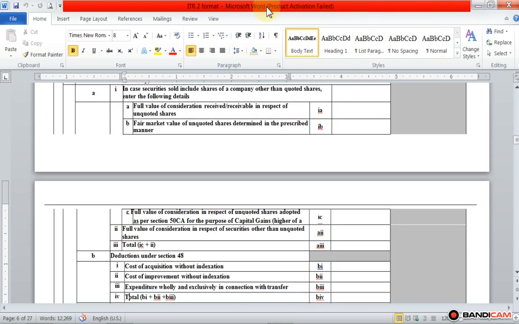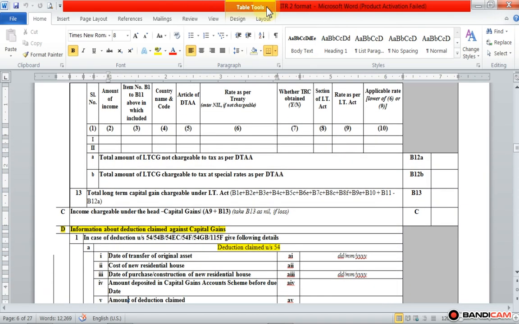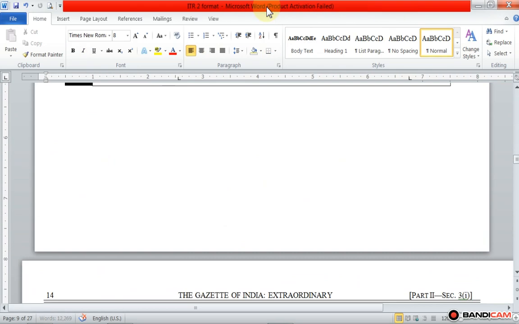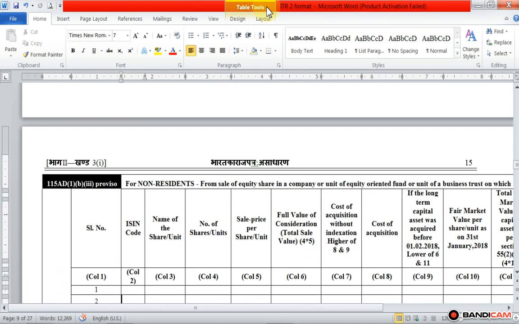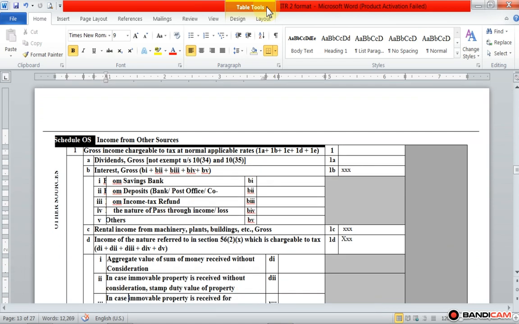Then we discussed Schedule OS. Schedule OS is relating to income from other sources. Income from other sources includes gross income chargeable to tax at normal applicable rate, then dividend, then gross interest. Dividend is taken into consideration if it is not exempted under section 10(34) and 10(35).